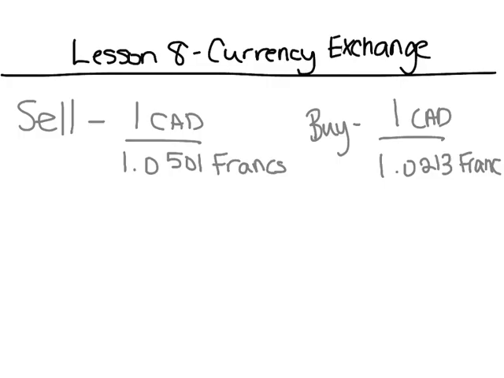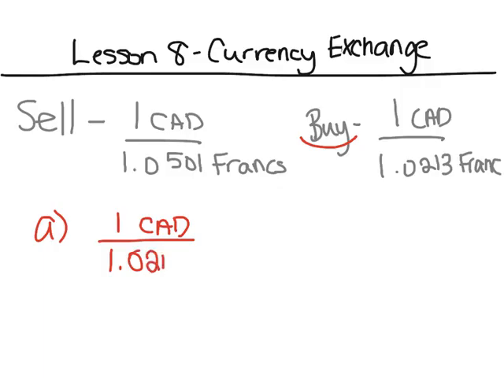A, how many Swiss francs would Anne receive for $400? If you are buying from the bank, you're using the buying rate because you're buying. So we use 1 Canadian dollar is 1.0213 francs. We're buying $400 worth.